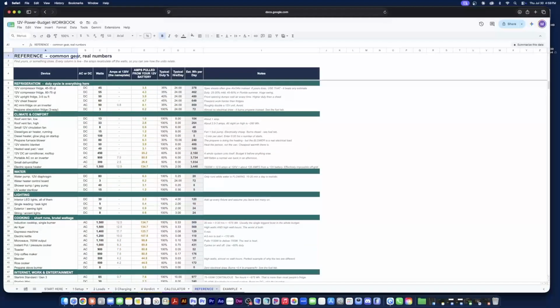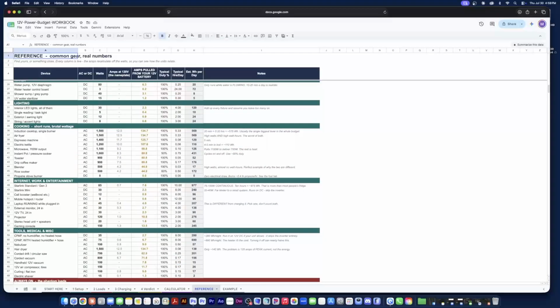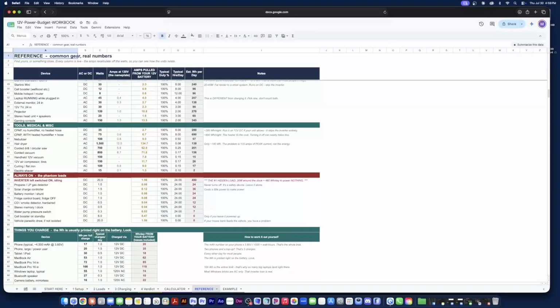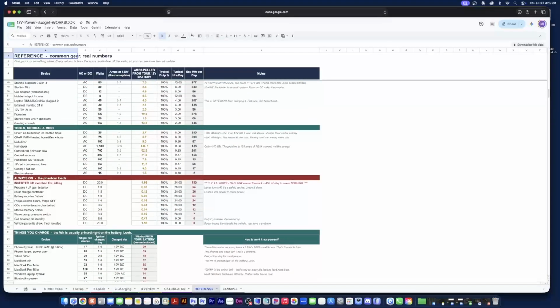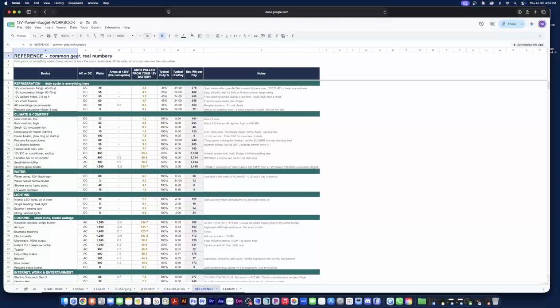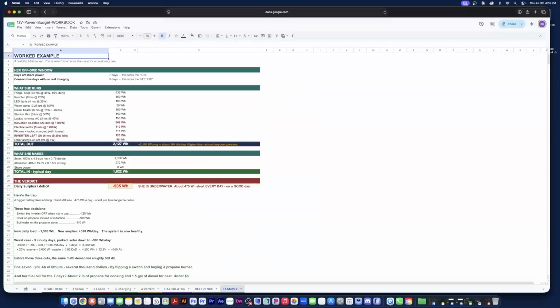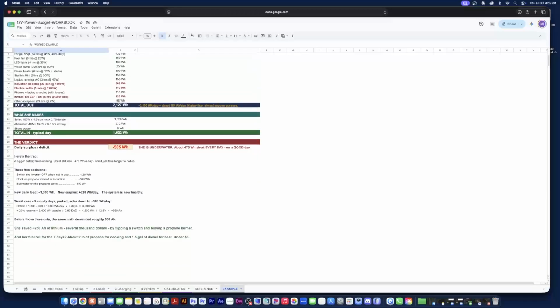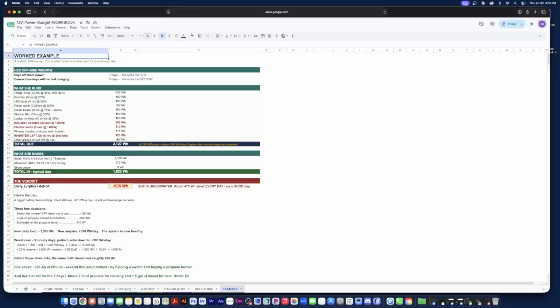It's kind of a longer version of the Start Here page, but it's very detailed, and it gives a lot of information about appliances you maybe consider and an idea of what to figure that they would draw. So it really helps you in a lot of different ways. And of course, the example page kind of gives you an overview of the example itself, the whole tool itself and everything else. So it's just very thorough.